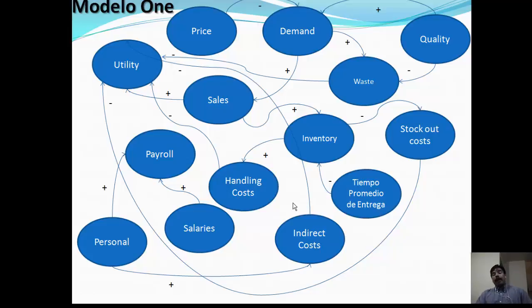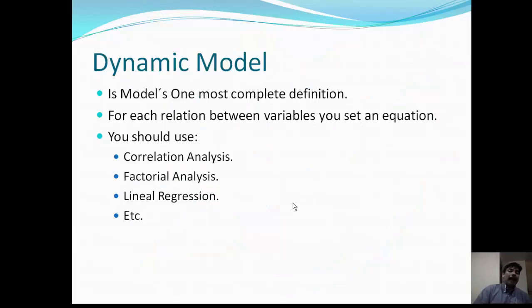When we get to this phase in the subsystems methodology, we have a much better understanding of the situation. If we are talking about the meat market, we have a better understanding of this market. Where do we go from here? It's not part of our class, it's not part of this course, but we go to dynamic models.